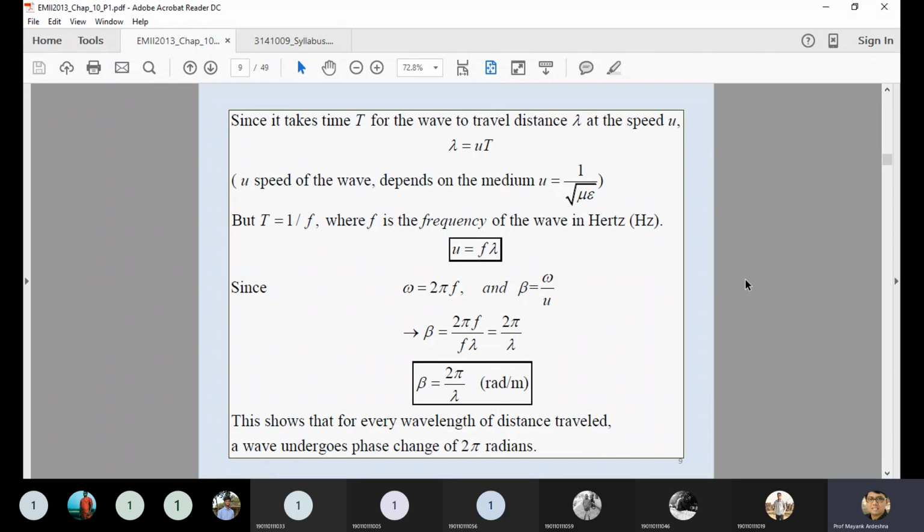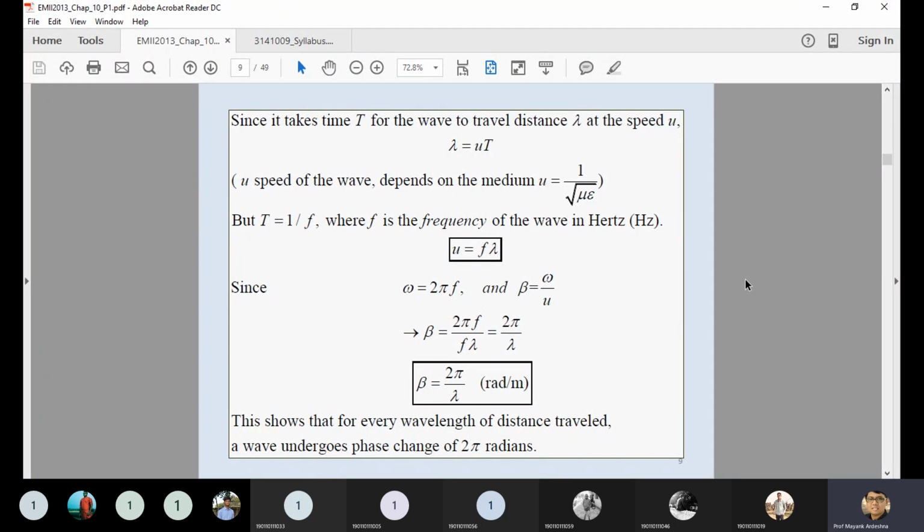Based on this, we derive the phase shift constant beta, which is the angular frequency divided by its velocity. In a medium there may be many velocities: the velocity in free space is 3 into 10 raised to 8, but if the same signal is given in a bounded medium, like a wire, a dielectric, or a conductor, then the velocity is not the same as 3 into 10 raised to 8. It may be slightly degraded.